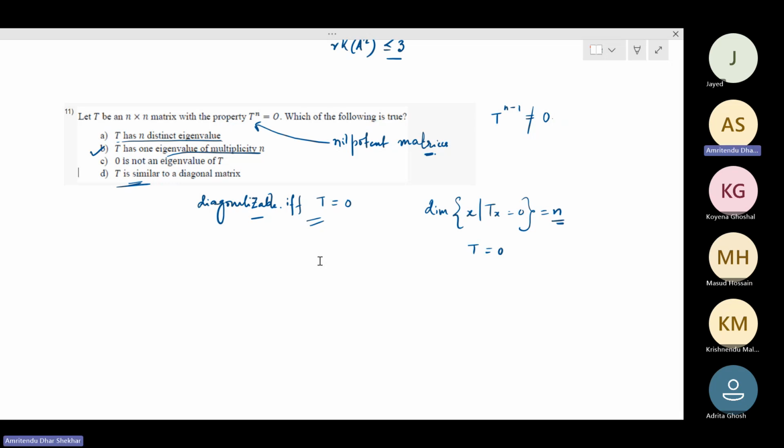Yeah, I don't have any more questions to discuss. I think everything else that I'm seeing are fairly computational questions. I think I've more or less discussed all the questions which need a certain concept. So remember this algebraic and geometric multiplicity thing.